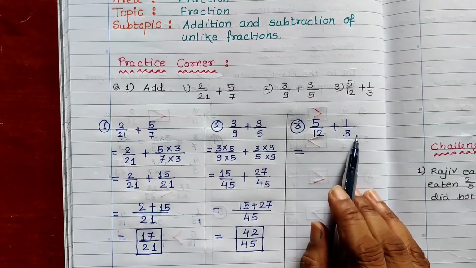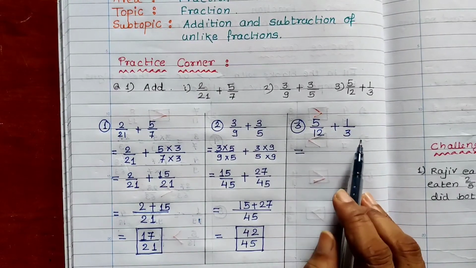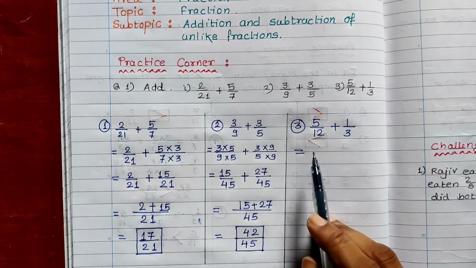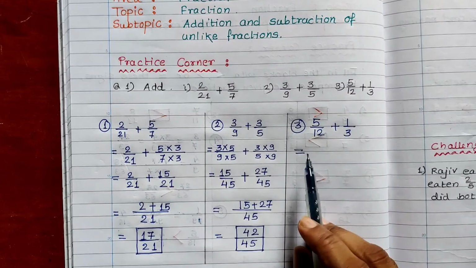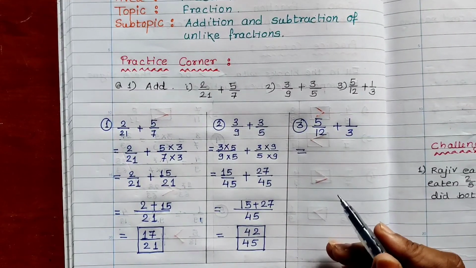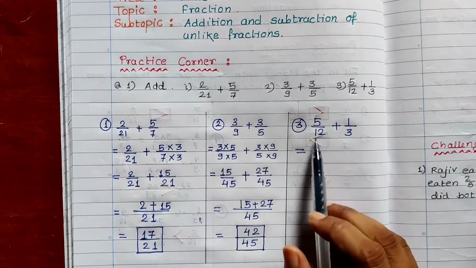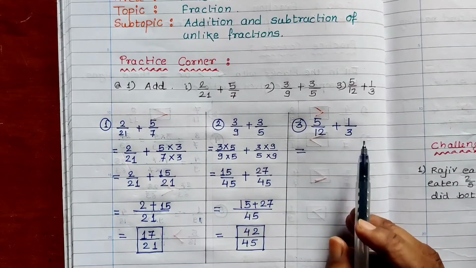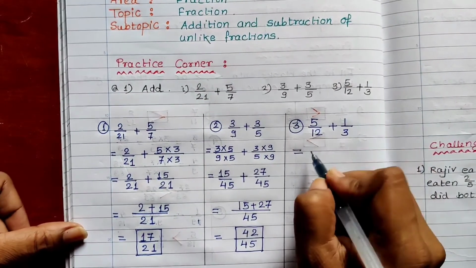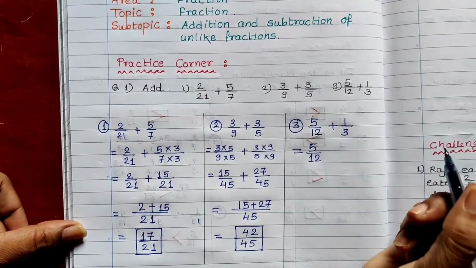If you multiply 3 by 4, you will get 12. So in this third sum also we have to multiply only the second fraction. We don't need to multiply the first fraction. Only by multiplying the second fraction we can get equal denominators. So the first fraction we write as it is.